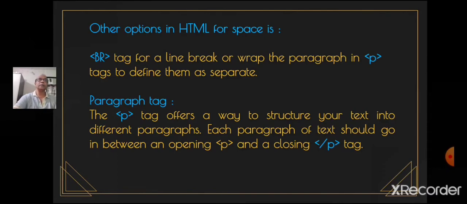We can use them in some cases to add space in HTML to separate parts of your text. We can either use BR tag or paragraph tags to define them as separate. Now that we know how to give space between words or characters to the text in HTML, let us further have a clear understanding of paragraph tag and its execution.